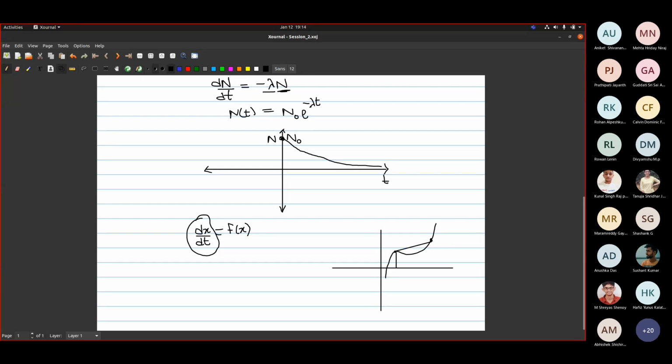We take the value here, we take the value here, and we keep getting them closer and closer to each other till they tend to 0. That way we will get a line here that becomes a tangent. Forgive my drawing.